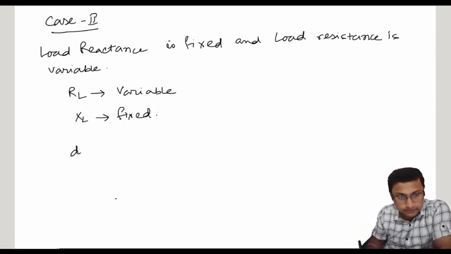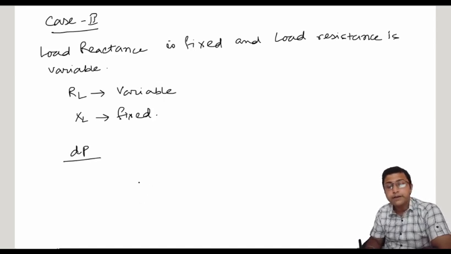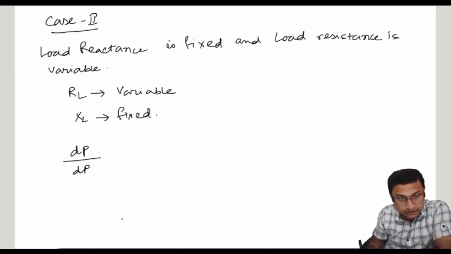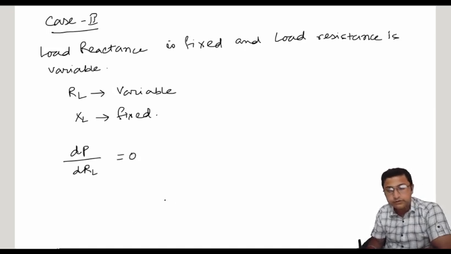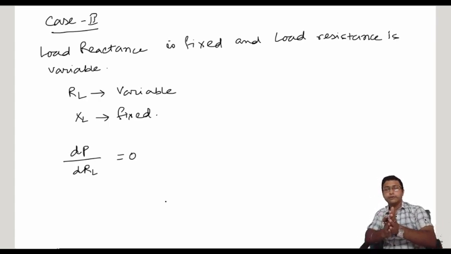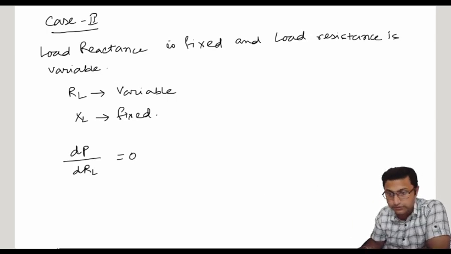That means dP, here the variable term is the load resistance. That means dP/dRL equal to 0. Look, in the previous case XL is variable, so we took the derivative dP/dXL, and now RL is variable, so the derivative will be dP/dRL. That is equal to 0.